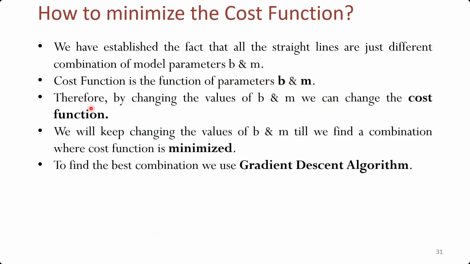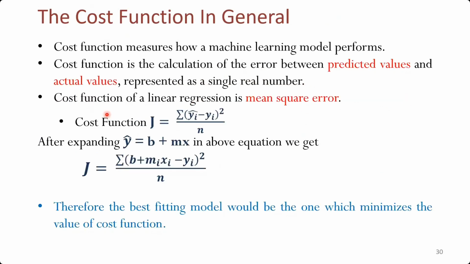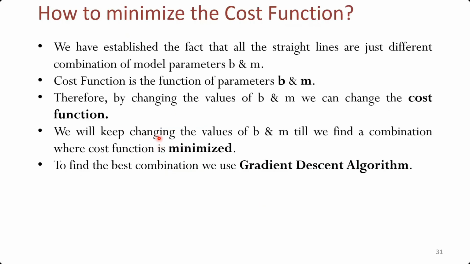By changing the values of b and m, we can change the cost function. For different values of b and m, obviously the cost function would be different. We will keep changing the values of b and m till we find the combination where the cost function is minimized.